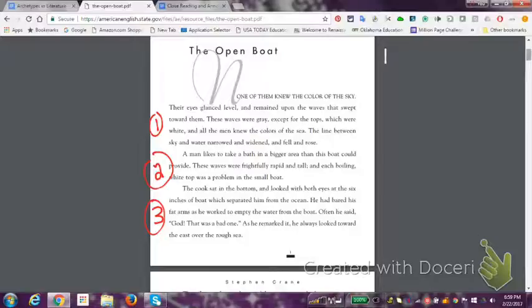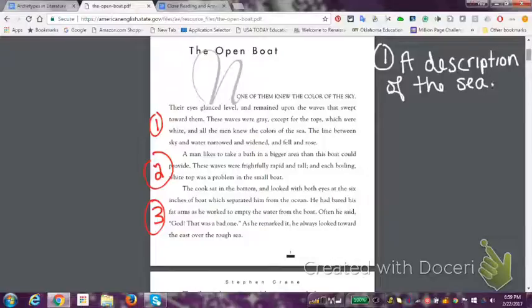You're going to number them. 1. What is the whole paragraph in number 1 all about? Well, this whole thing on number 1 is going to be a description of the sea.